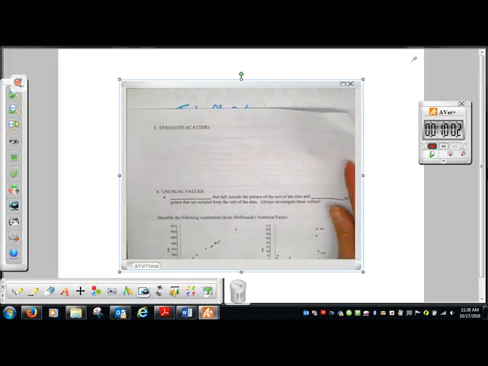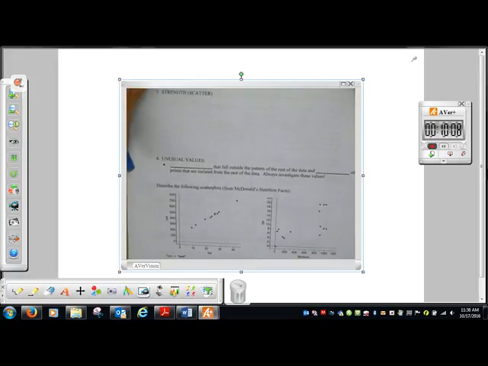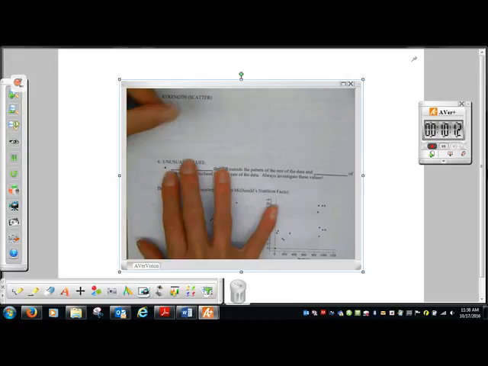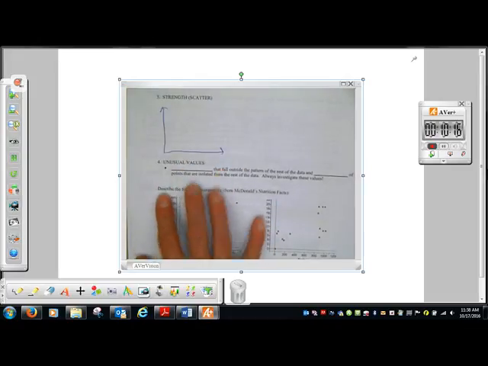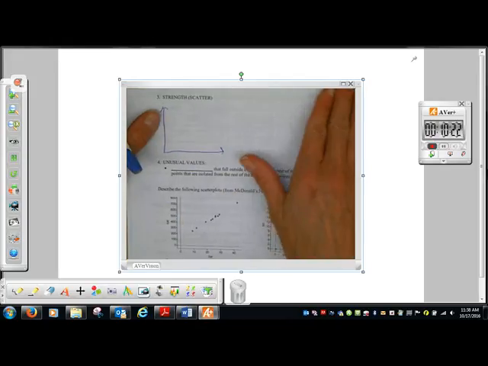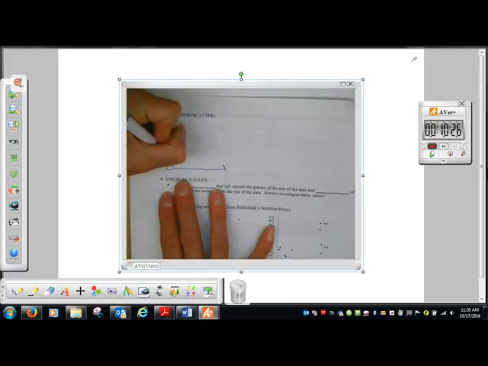This is a strong positive linear association. You can have a weak positive, and the same thing would apply to negative. So you can have more spread out, but still having a tendency to go up from left to right. This would be a weak positive association.